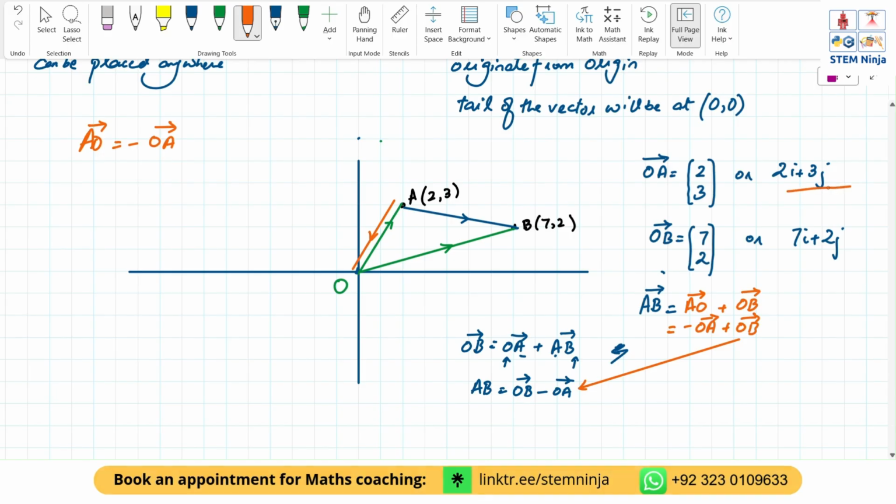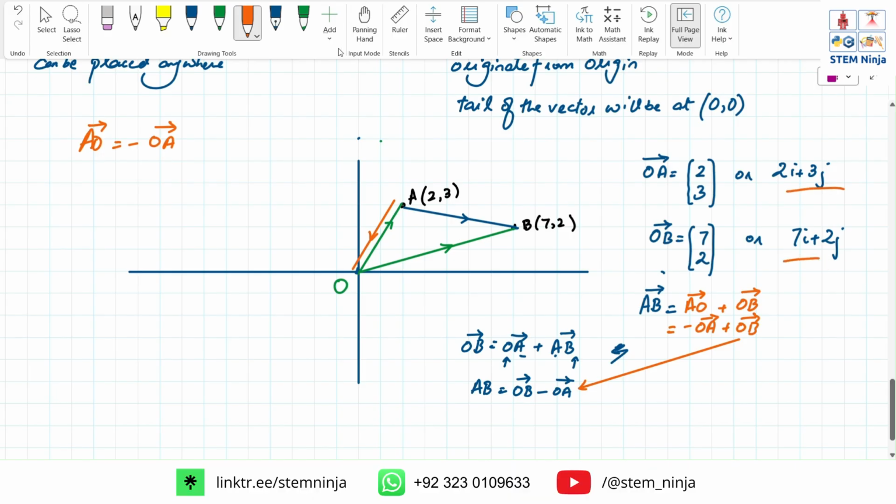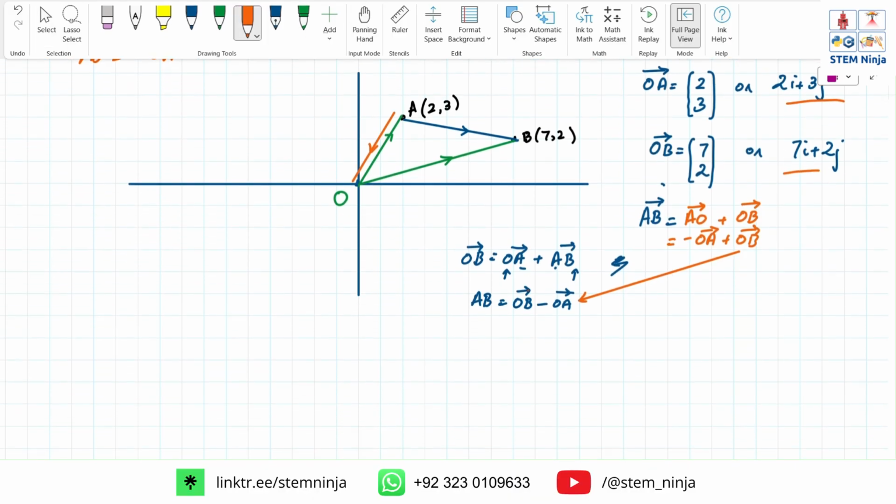Now, if we use these values, how would this work? OB minus OA, OB is 7, 2. Again, you can do it in column vector form or unit vector form. It all depends on how the question is given. If the question is given in the form of IJK format, then it's better to stick with IJK format.